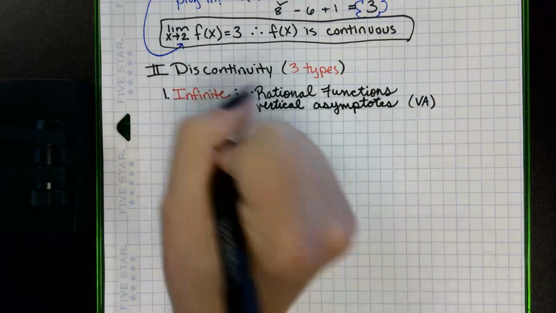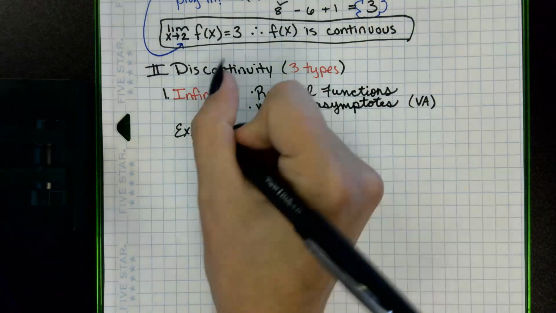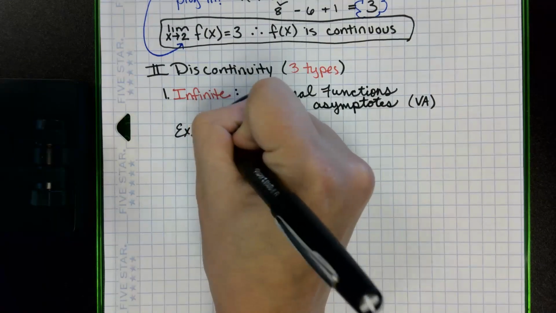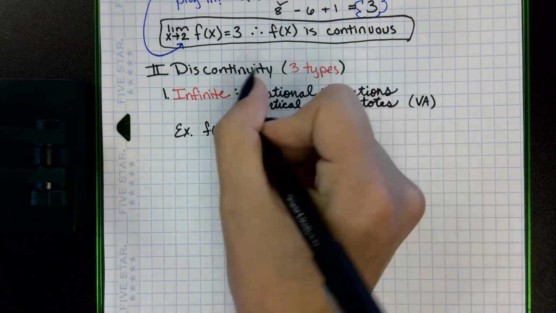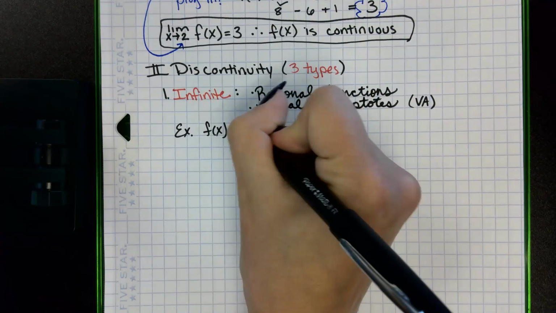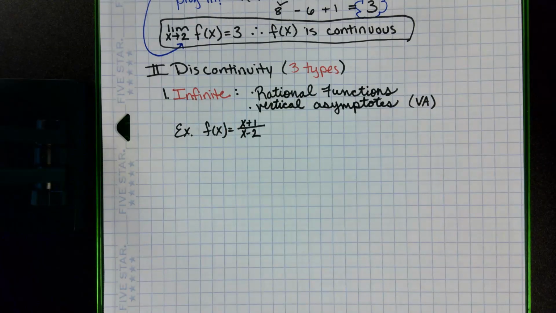So an example, if we're given the function f of x equals x plus 1 over x minus 2, whenever you're given a rational function, the first thing you want to do is see, can I simplify this? Well, can I factor it? It's already in its factors.